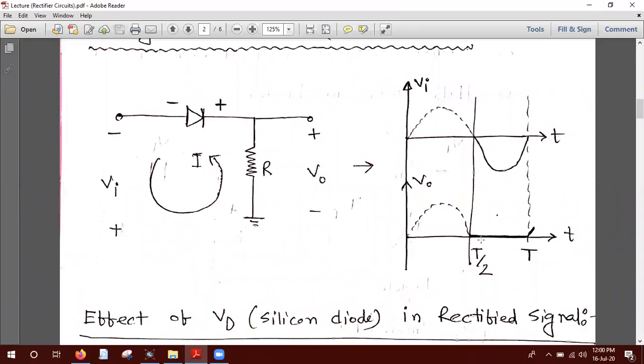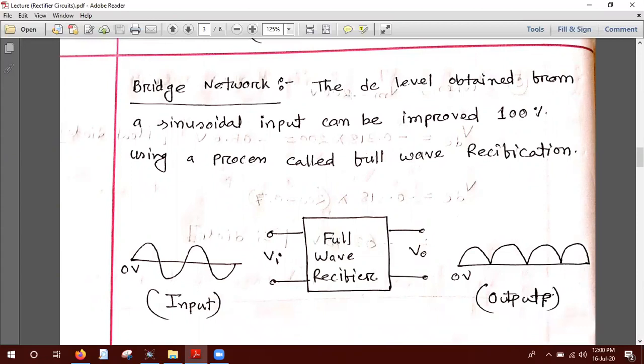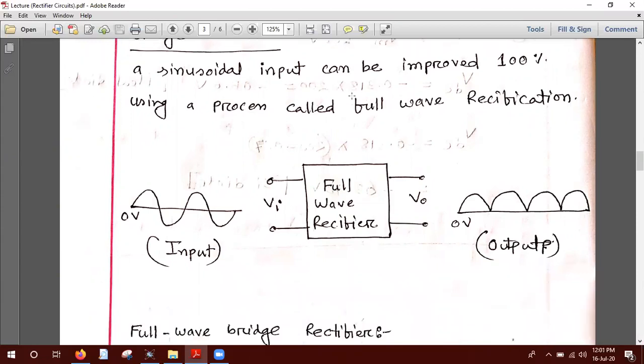What about the full-wave rectifier? I'm just telling you, just to remind you how the wave shapes will look like from the previous study. The full wave, you can understand from the name also.